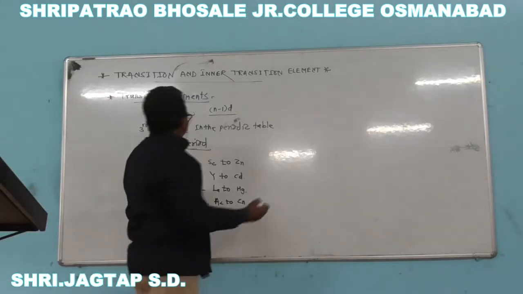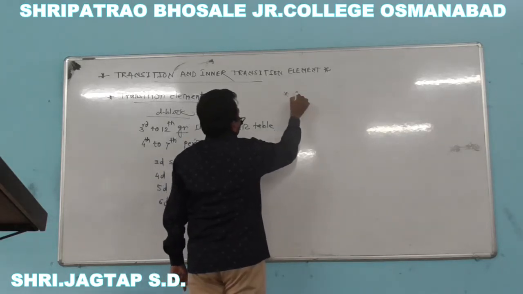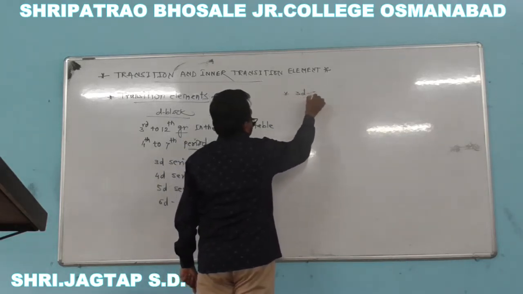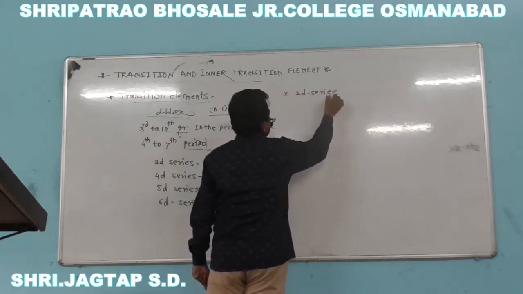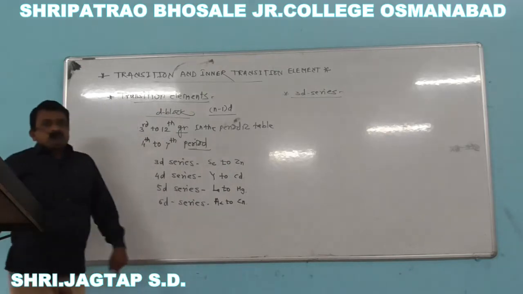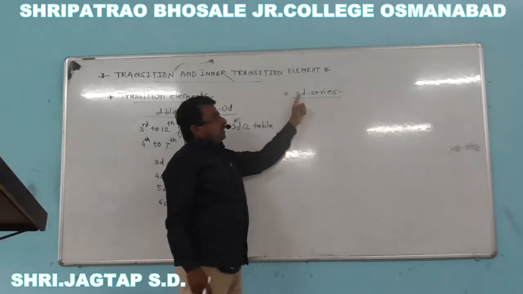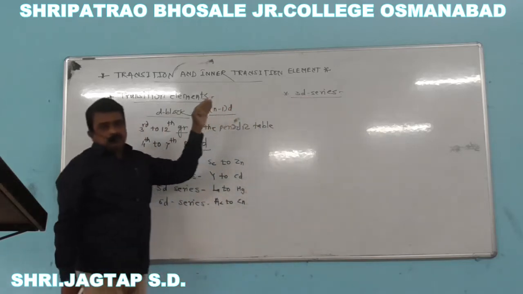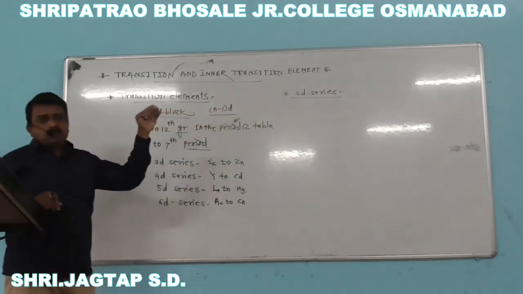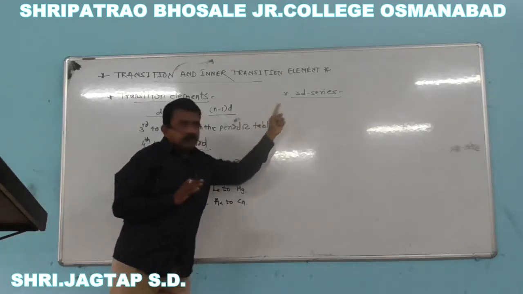Then, initially we are going towards the 3d series. That is, the elements whose last differentiating electron enters the 3d orbital. All these elements are included in the 3d series.